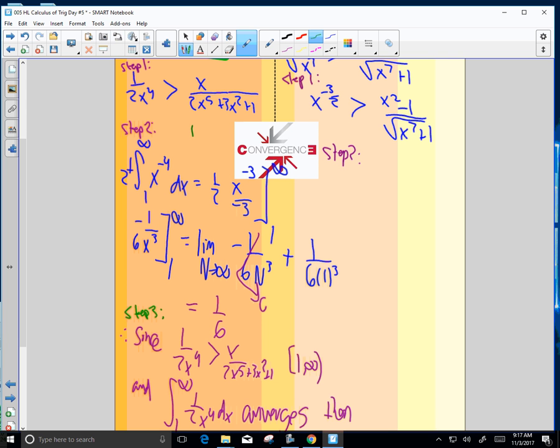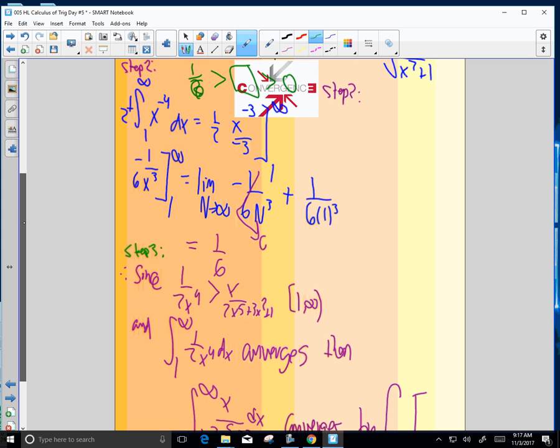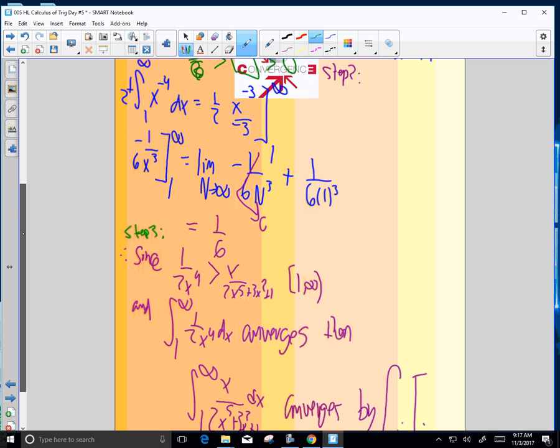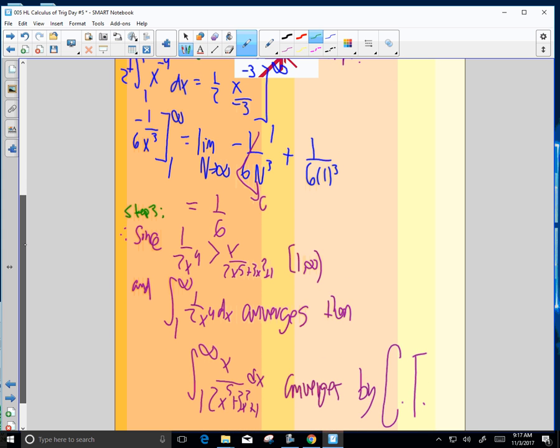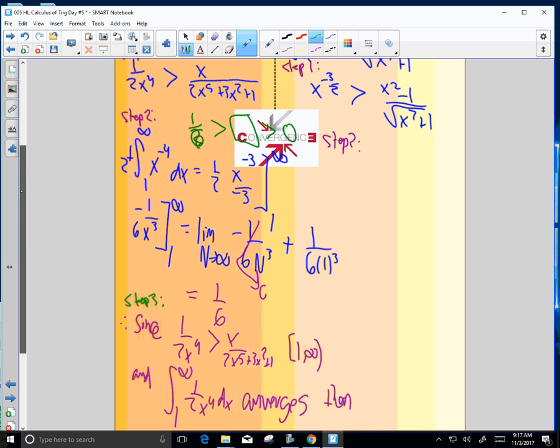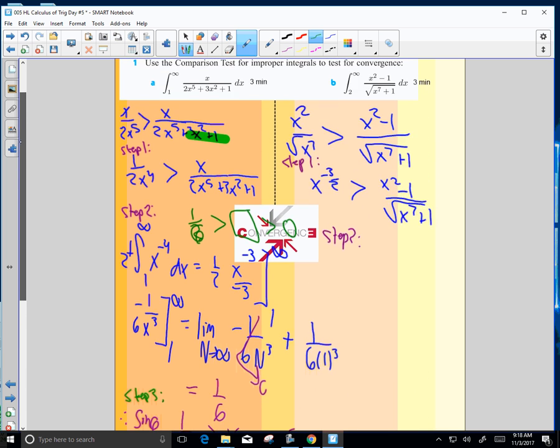If this is a number like 1/6, the area, and it's greater than this, greater than 0, this has to be an answer. That's what comparison test does. So we find that answer, 1/6. Then we say, since the inequality, this is always greater, and the larger one is 1/6, converges, then the smaller one converges too. You finish part B.